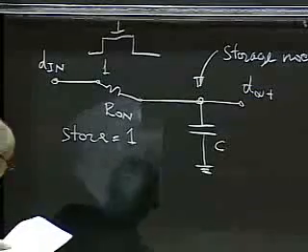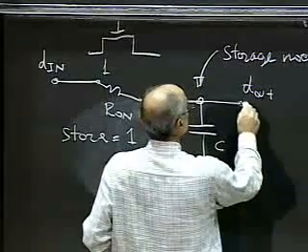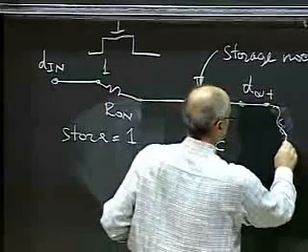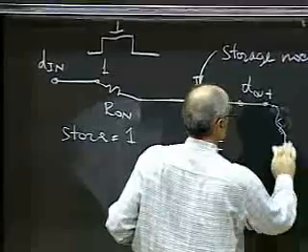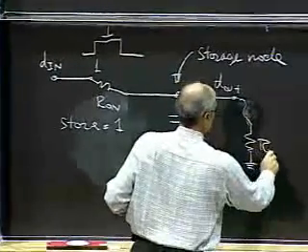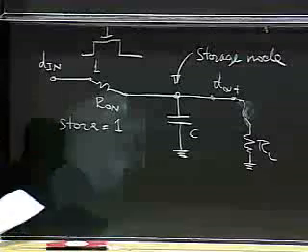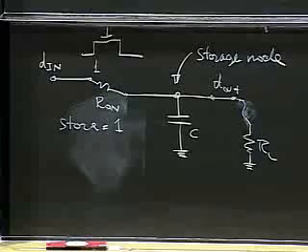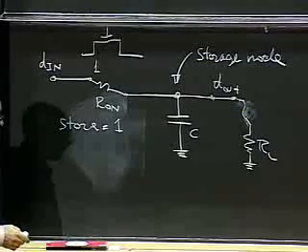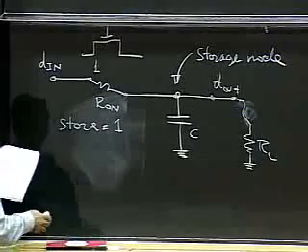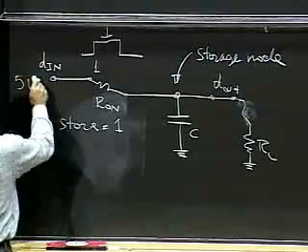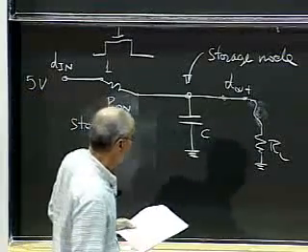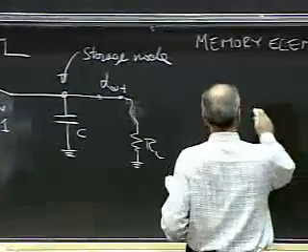Now, in principle, the output is connected to some load resistance, okay? We'll talk a little bit more about this load resistance in a minute. So this is the situation when we are at store equals 1 situation. And for example, let's suppose that D in is 5 volts.